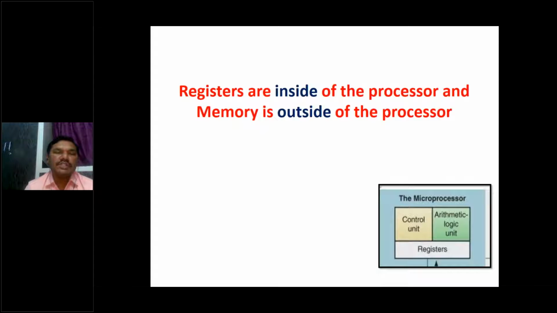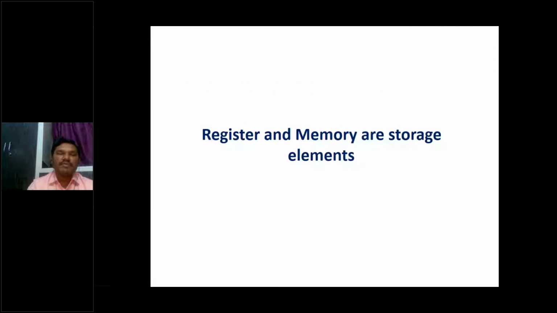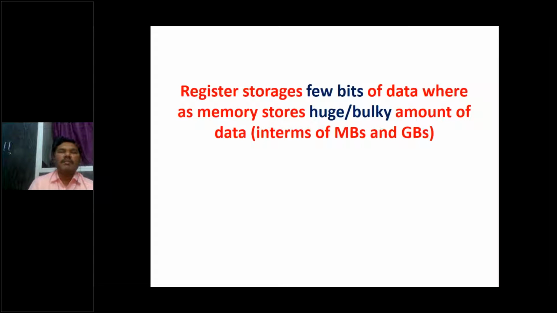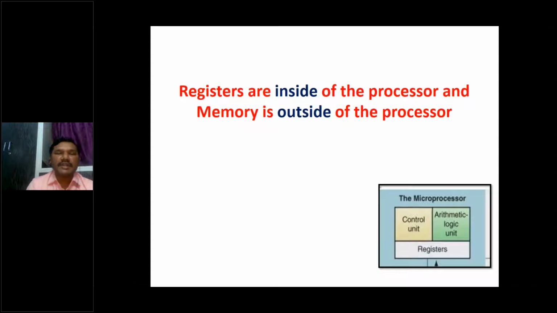Registers are inside the processor, whereas memory is outside the processor. So these are the differences between register and memory. Both are storage elements, but a register stores a few bits of data, whereas memory stores a huge amount of data.